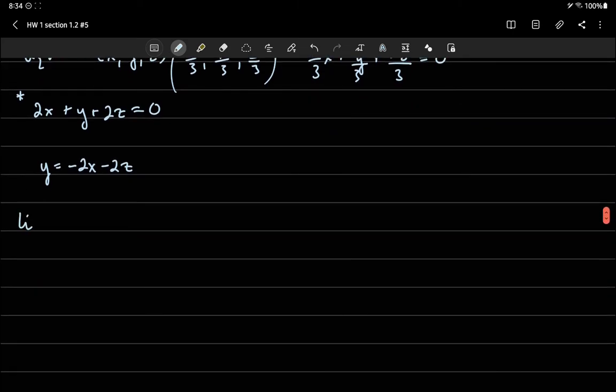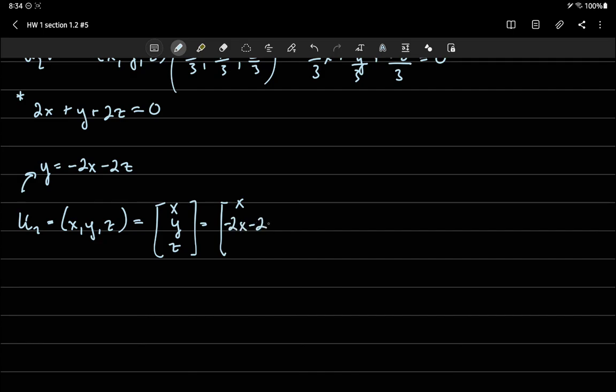So we'll say that u2 is equal to x, y, z. In column form, it looks like this. So let's use the value of y that we found and put it there in its row.